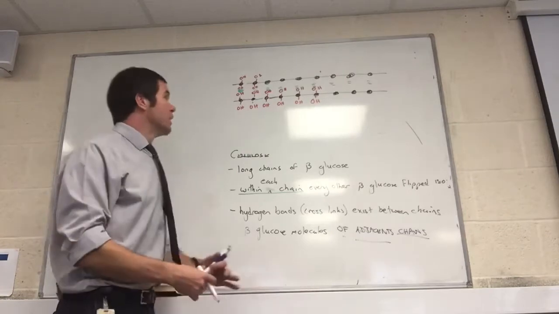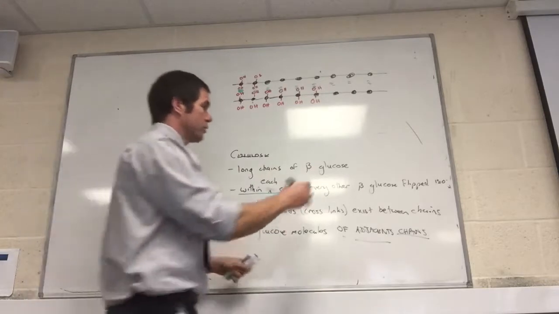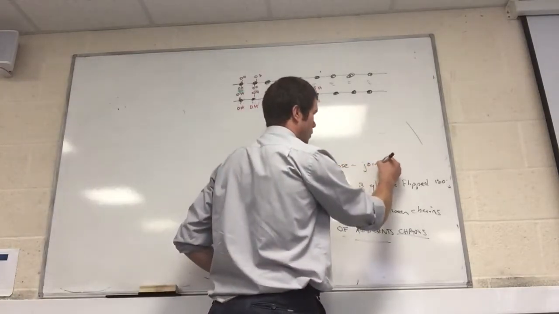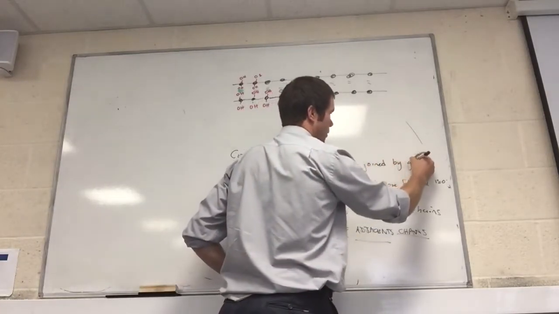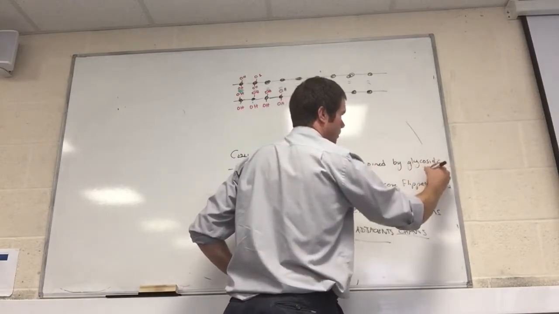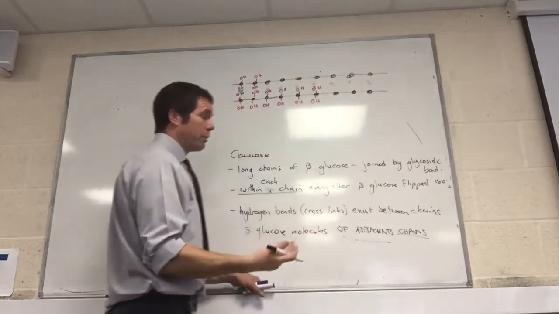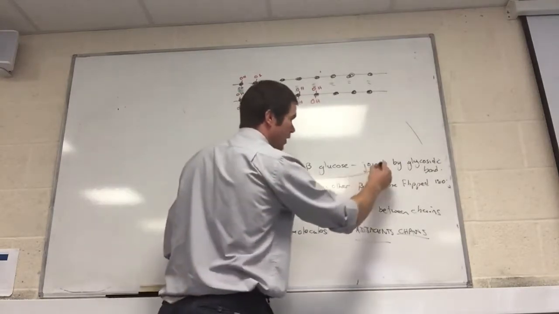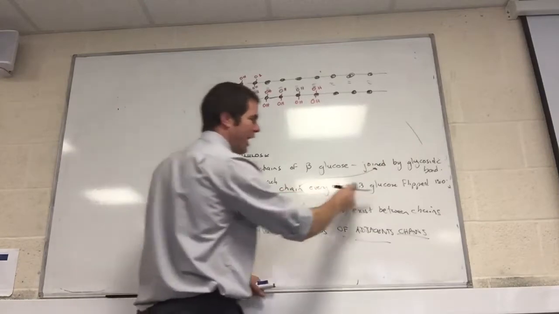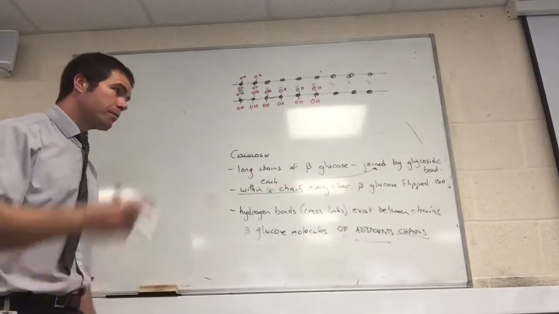Because you could argue, no, you mean glycosidic. You haven't been clear. So you can say long chains of beta glucose molecules joined by glycosidic bond. Within each chain, probably better to say within each chain, they are joined by glycosidic bonds, and every other beta glucose molecule is flipped by 180.